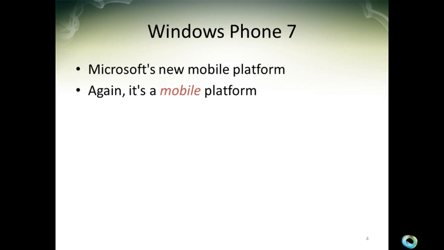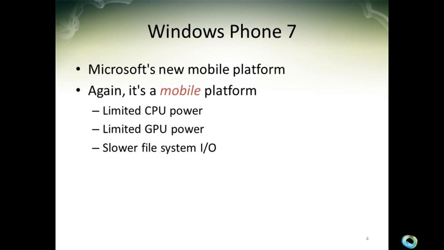Just like any mobile platform, we have very limited CPU power. We have limited GPU power. We have to work with a lot slower file system I/O compared to normal hard disks or even SSD drives we have on the desktop. And of course we also have to work around network bandwidth limitations and unreliable networking conditions.